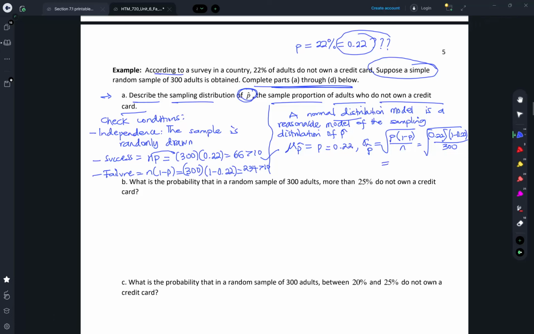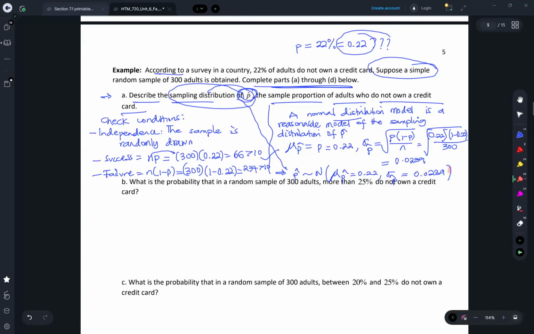And that will be equal to 0.0239. So, final conclusion, the sampling distribution of P-hat follows a normal distribution where the mean is 0.22 and the standard error of that sampling distribution of P-hat is 0.0239. This is the summary there.